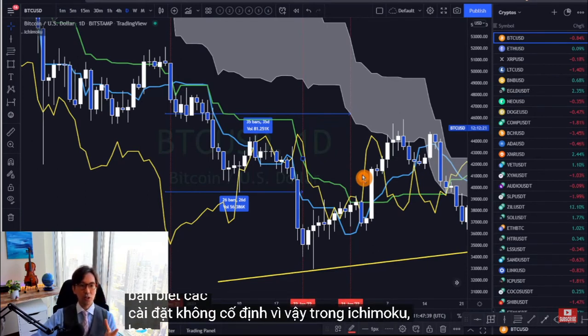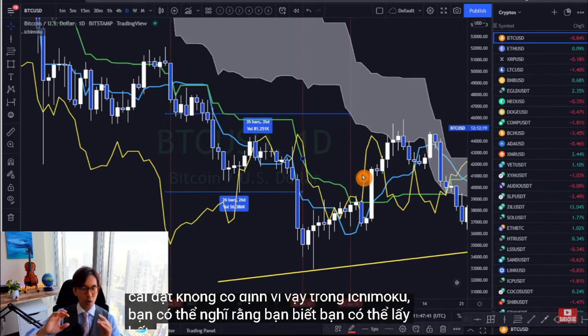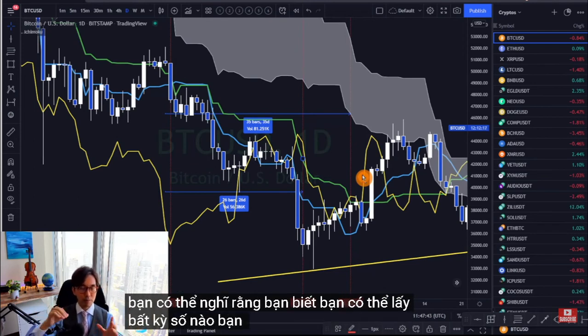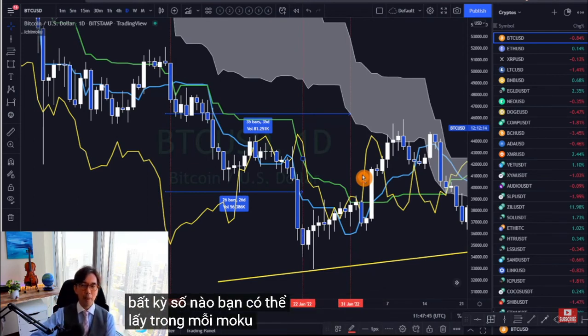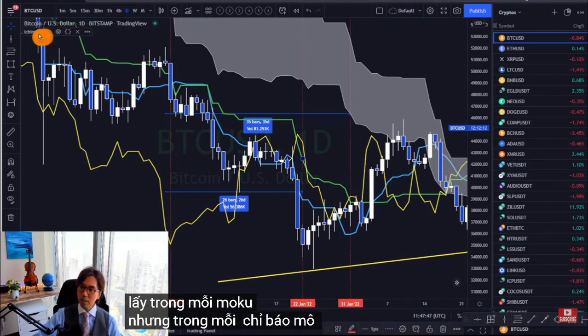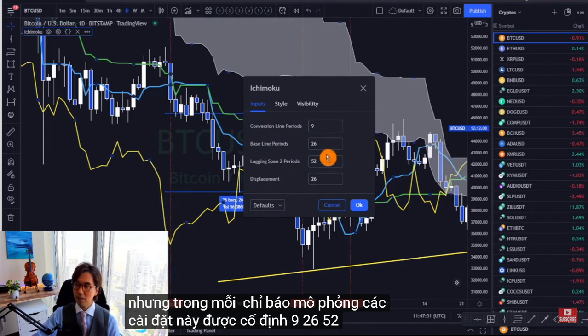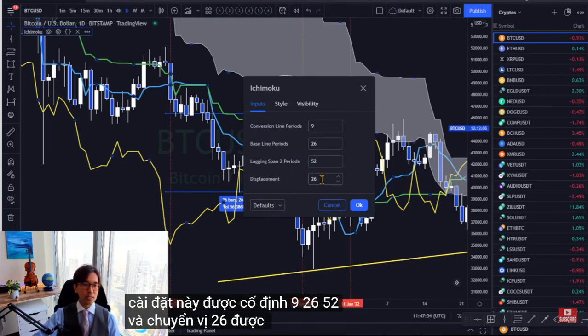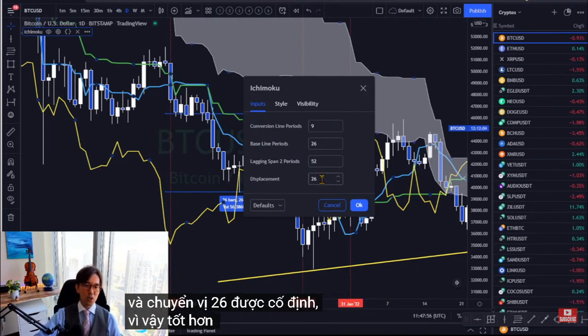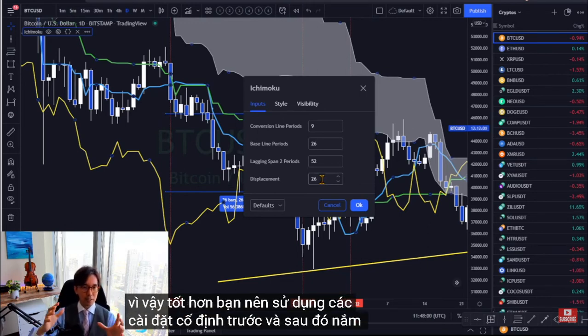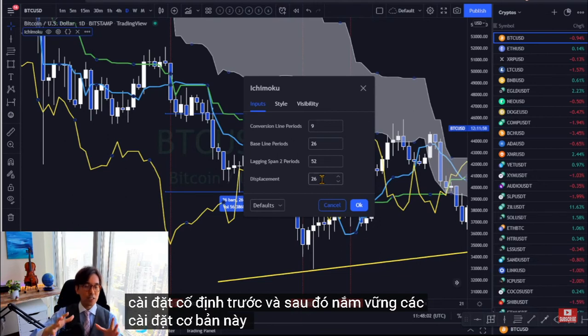In Ichimoku, you may think that you can take whatever period, whatever numbers. But in the Ichimoku indicator, these settings are fixed. 9, 26, 52, and displacement 26 are fixed. So you better use the fixed settings first and master these basic settings.